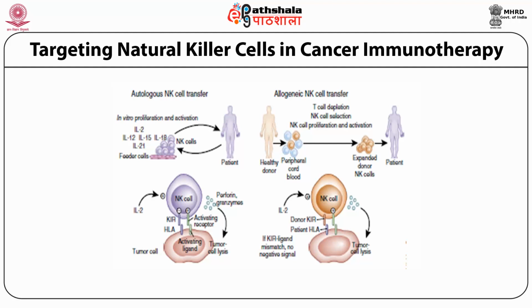Now there are different kinds of natural killer cell therapies. Autologous or allogenic natural killer cells are usually obtained from the patient or the donor blood. They can also be derived from the bone marrow or umbilical cord blood or even human embryonic stem cells.